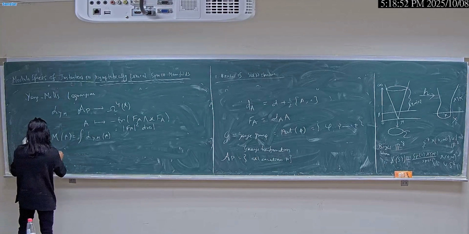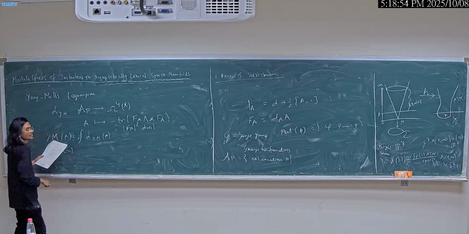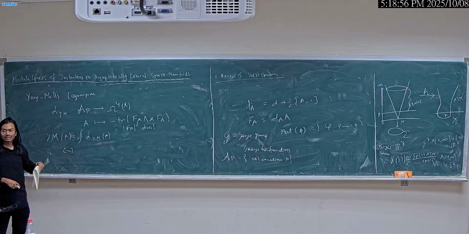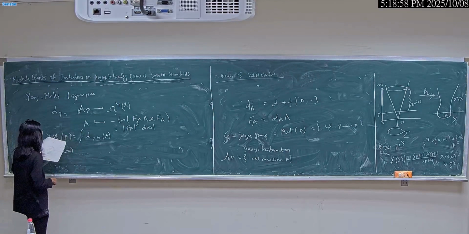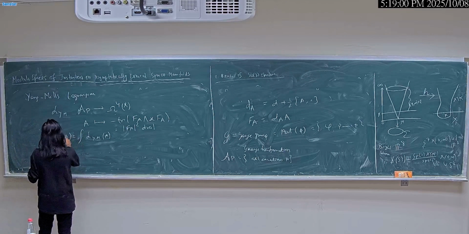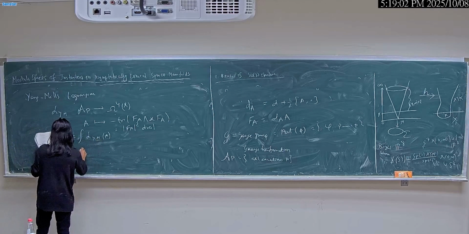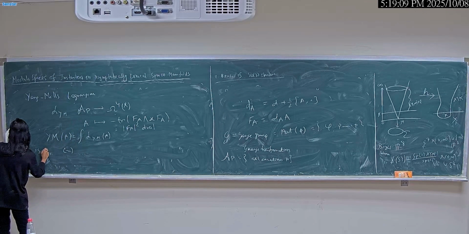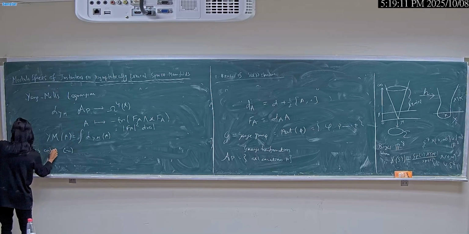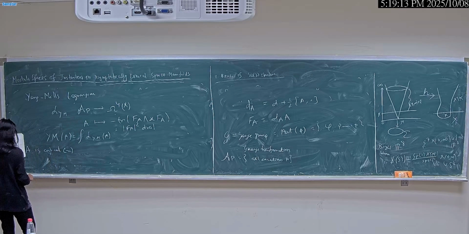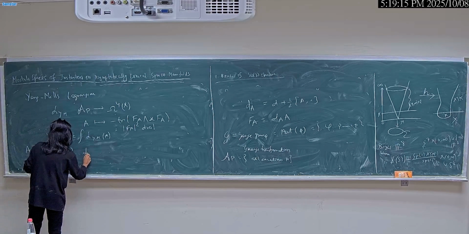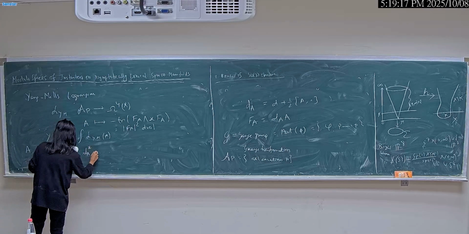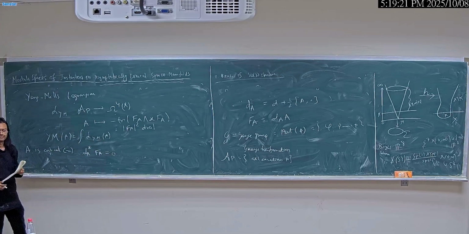You can prove, by using Euler-Lagrange on this functional, that A, remember your connections, is a critical point if and only if it satisfies this equation: d_A star F_A equals zero.